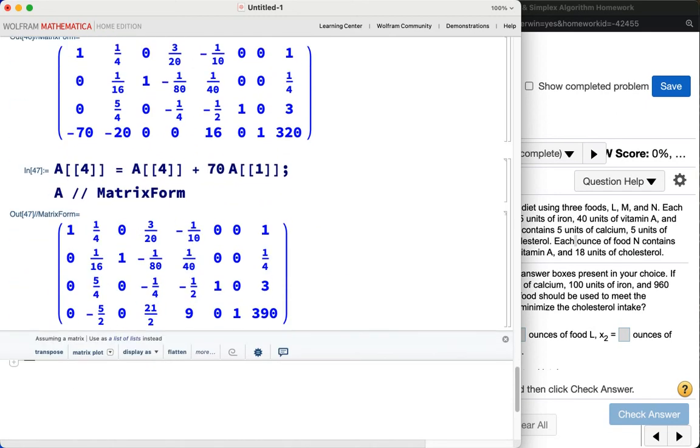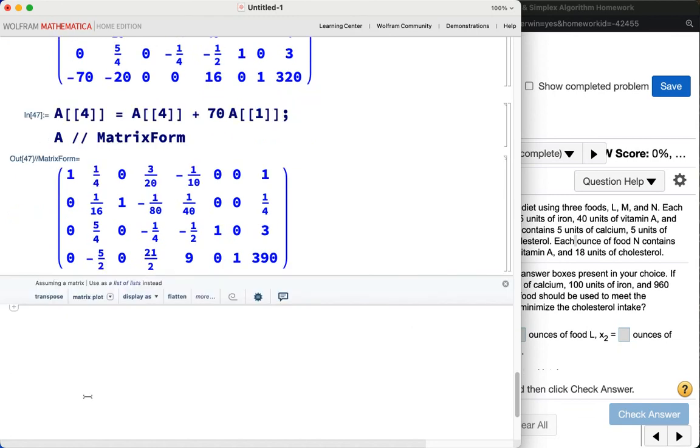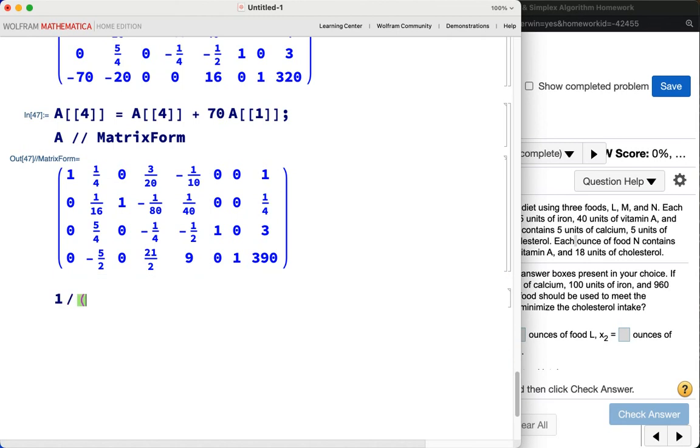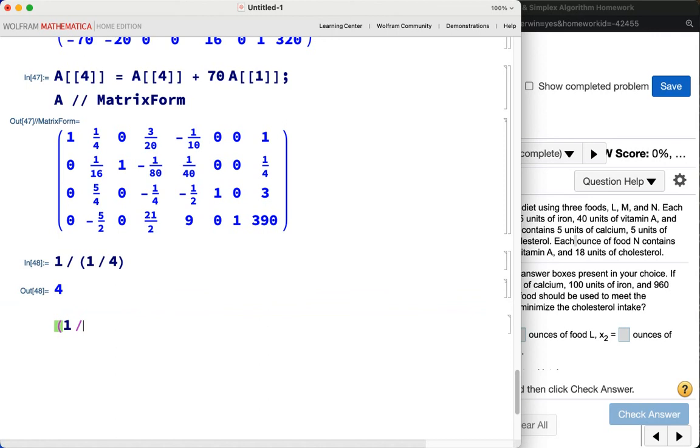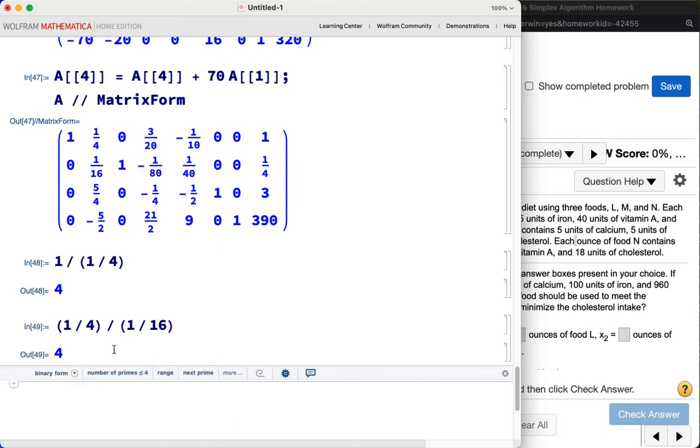Okay, but we still have a negative number in the bottom row. So hopefully we'll have to pivot on one more column and we should be done. We see a negative 5/2 in the bottom row, which means we need to pivot in the second column. 1 divided by 1 over 4 is just 4. 1/4 divided by 1/16 is also 4.